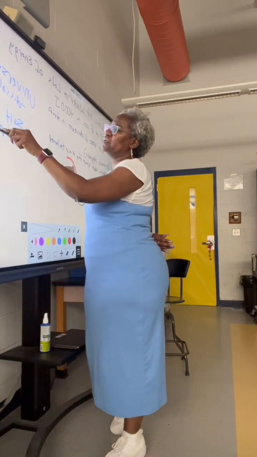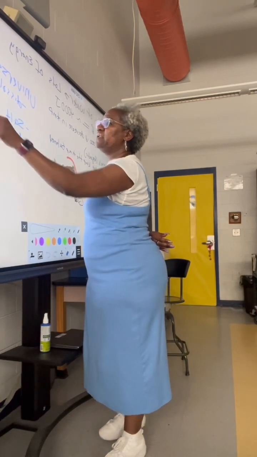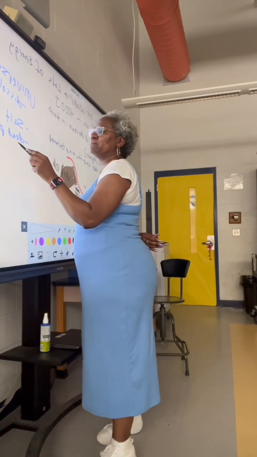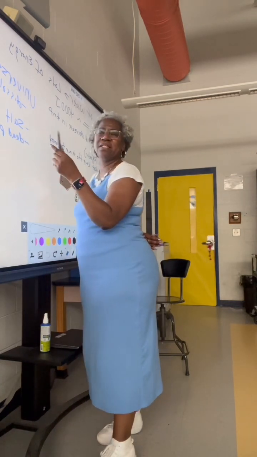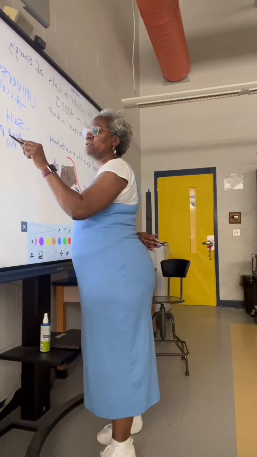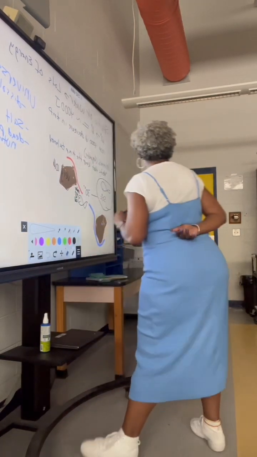All right. So when it gets decayed enough, anything that's in it that can be dissolved can be, so we say nutrients. So the nutrients from this matter when it's decaying.